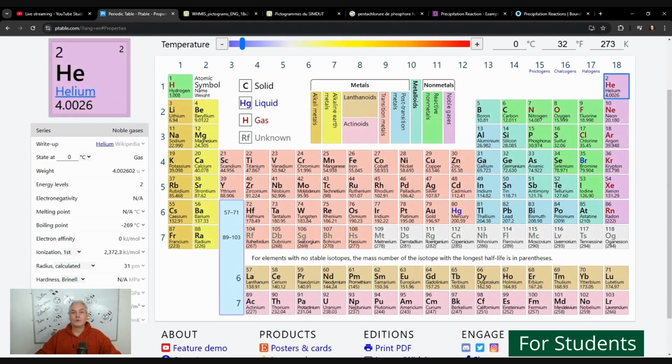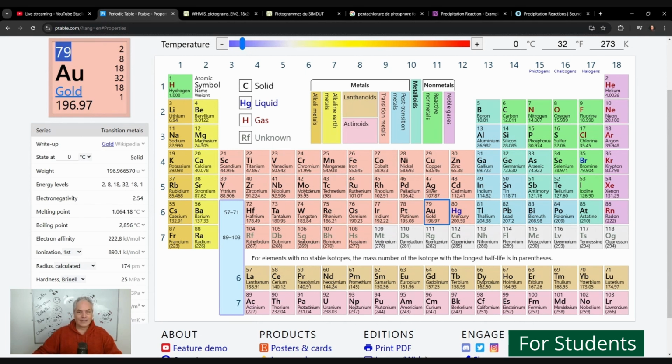Helium has an atomic number of 2 because it has 2 protons. Calcium, as mentioned earlier, has an atomic number of 20, so it has 20 protons. And if you were to go to gold, gold has an atomic number of 79. So the identity of any atom in the universe is based on the number of protons, the positive particles in the nucleus. So that's the first thing.